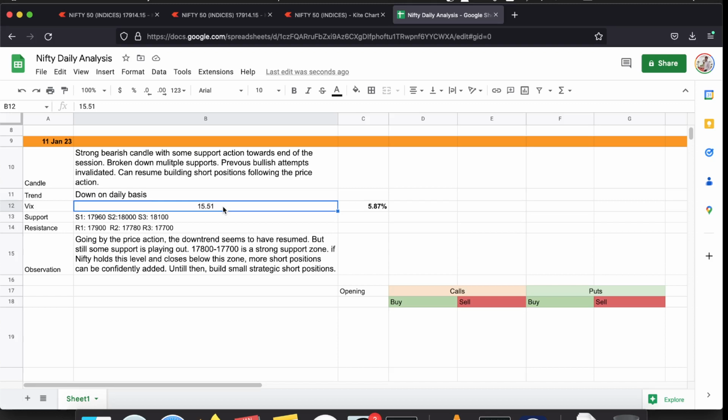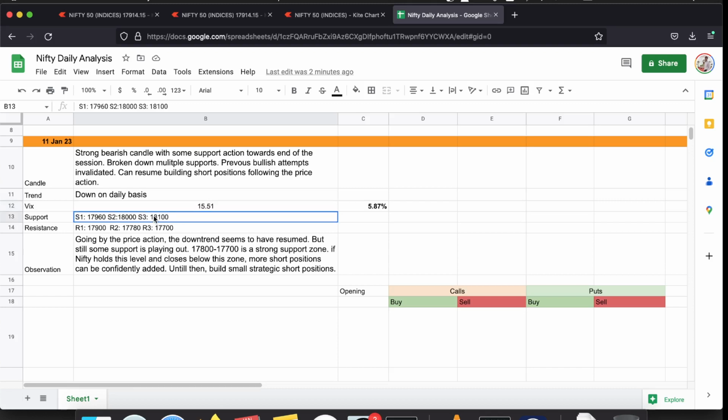And now that the VIX is rising, it's a good time to buy puts at resistances. Whenever Nifty is testing a resistance, it's a good time to buy puts because the VIX would be slightly low. And because Nifty is hitting a resistance and the trend is down, we can sell on high, that is, short the Nifty at that resistance point.